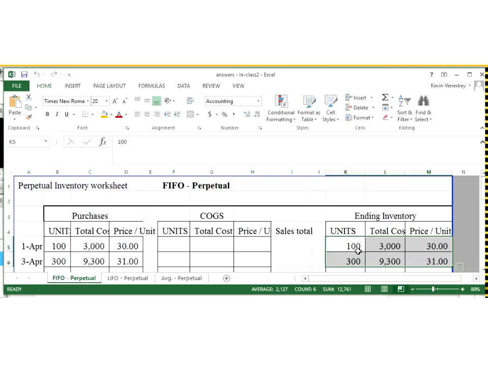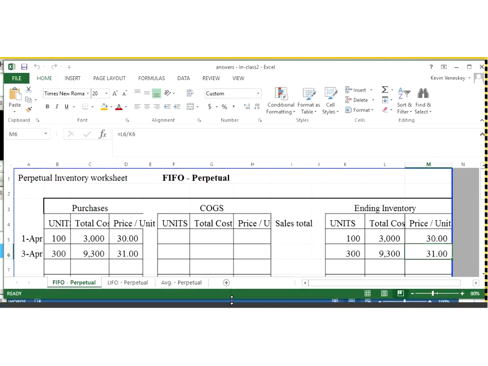I don't want to combine these. We're going to do that when we get to average. But for FIFO and LIFO, we keep them separate. I want to know which items did I bring in first, so that was these $30 items, and which items did I bring in second, the $31 items. That's going to be important when I'm ready for now my first sale on 4/4.